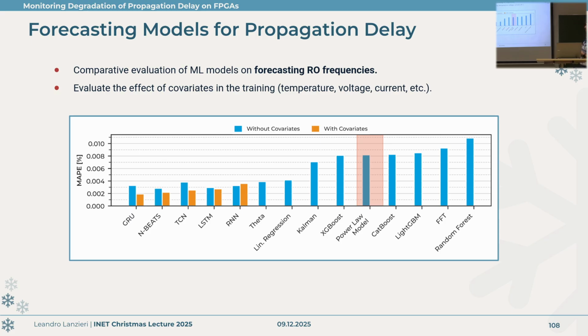Here in red we can see what we call the traditional empirical model, which is based just on reliability engineering theory, and we can see that many of the deep learning models that are using covariates are much better on the error.